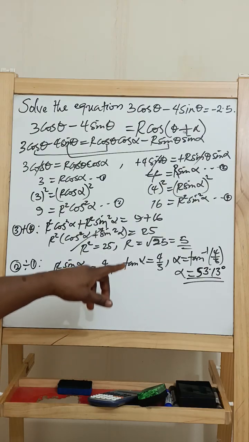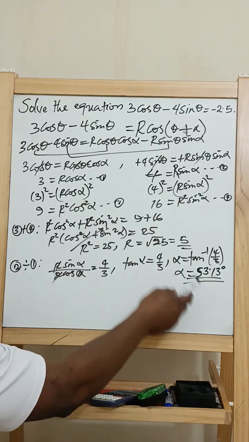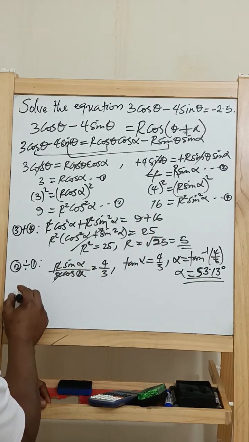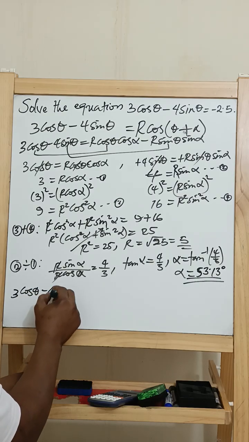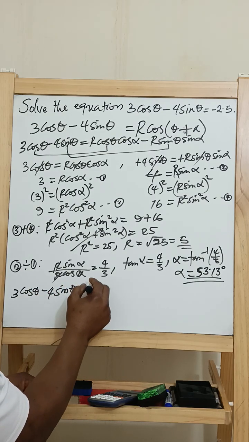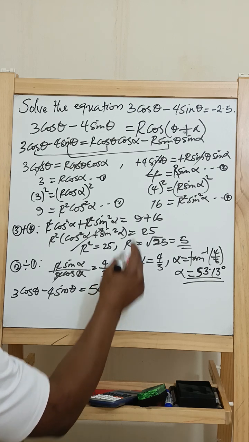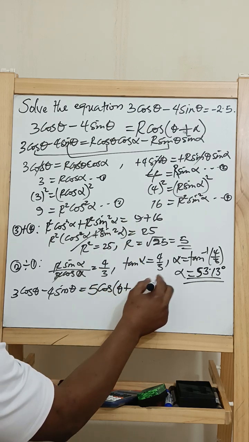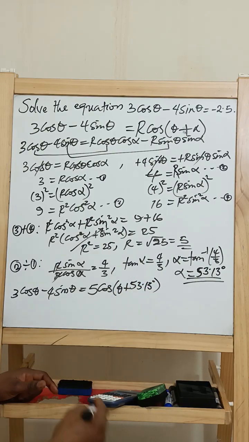Having gotten that, we'll now put everything back into the expression. 3 cos theta minus 4 sine theta is the same thing as 5 cos(theta plus 53.13).